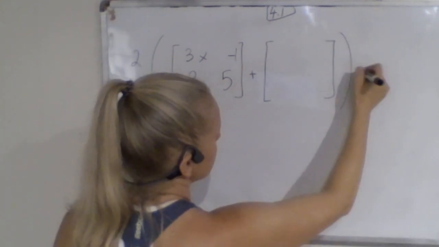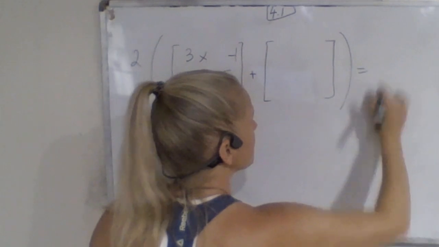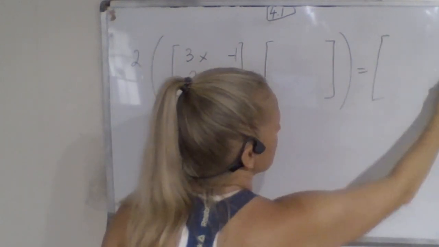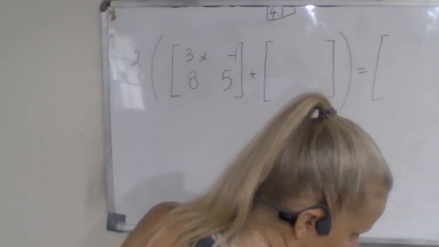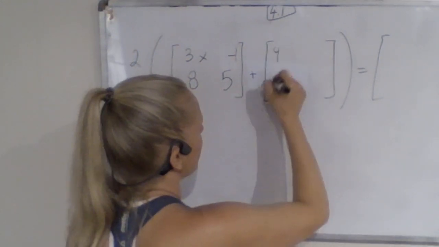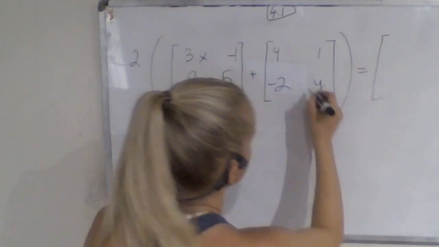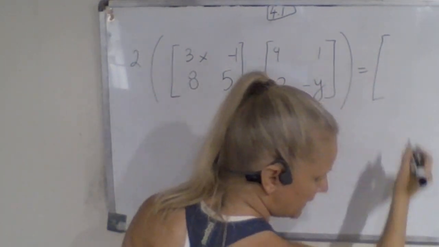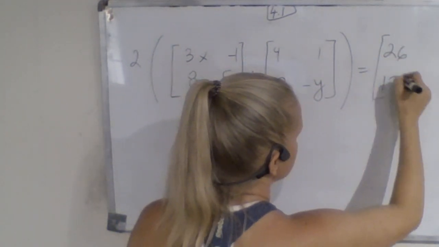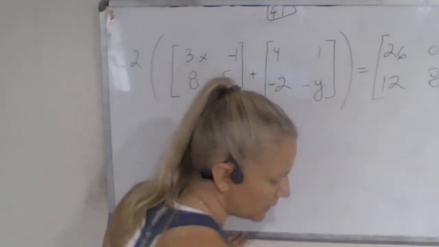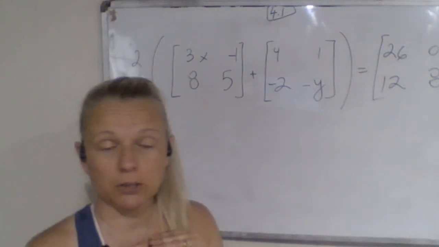And then I close this, and it's going to equal, believe it or not, another matrix. This is a lot of writing for me, just so you know. 4, negative 2, 1, and negative y. And it's supposed to equal 26, 12, 0, and 8.